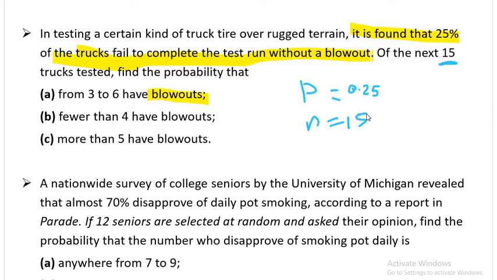So you can easily write the binomial distribution now as NCX. So N is 15.